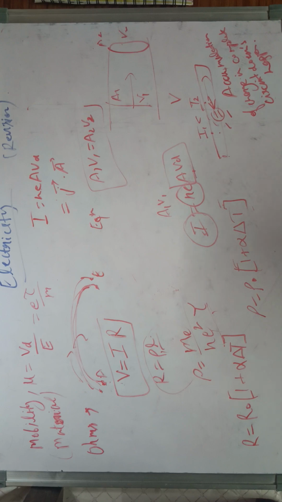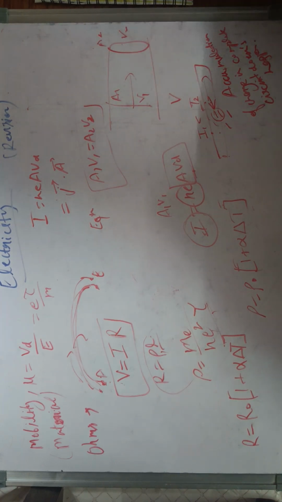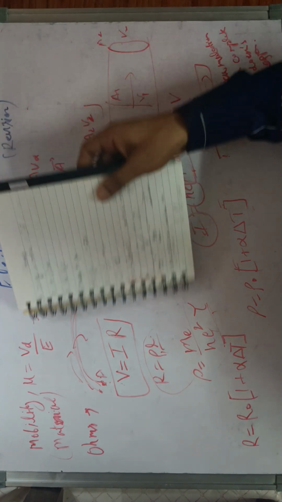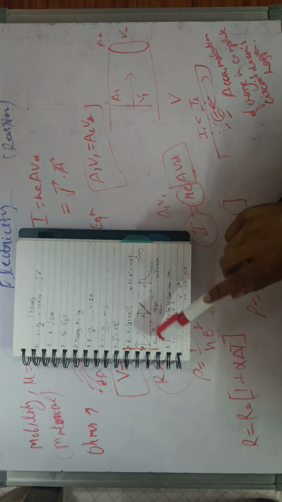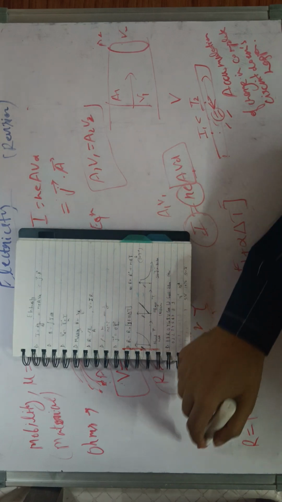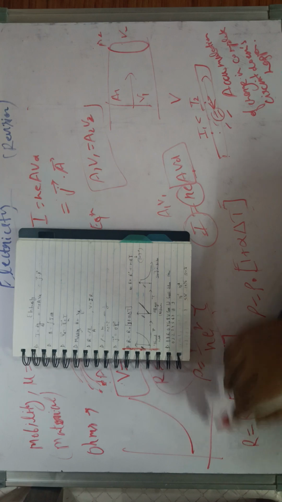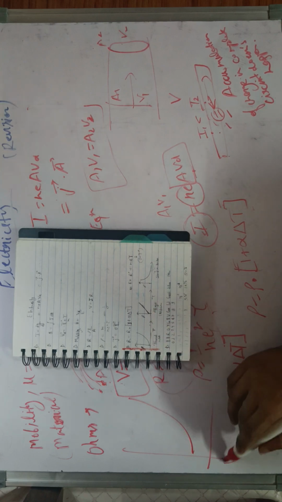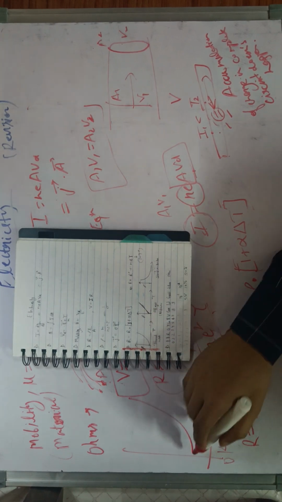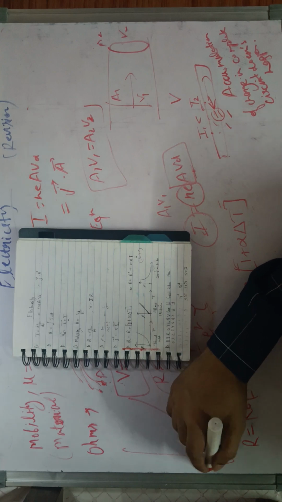And the graph of some materials' resistivity looks like this. For a normal metal, this graph is curvy, and at 0 Kelvin temperature, on the Kelvin scale, the normal metals have some resistivity and some resistance, which is very small.